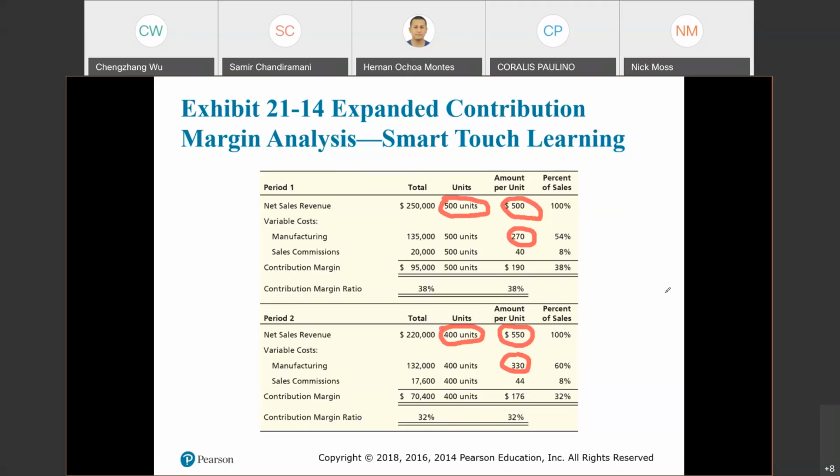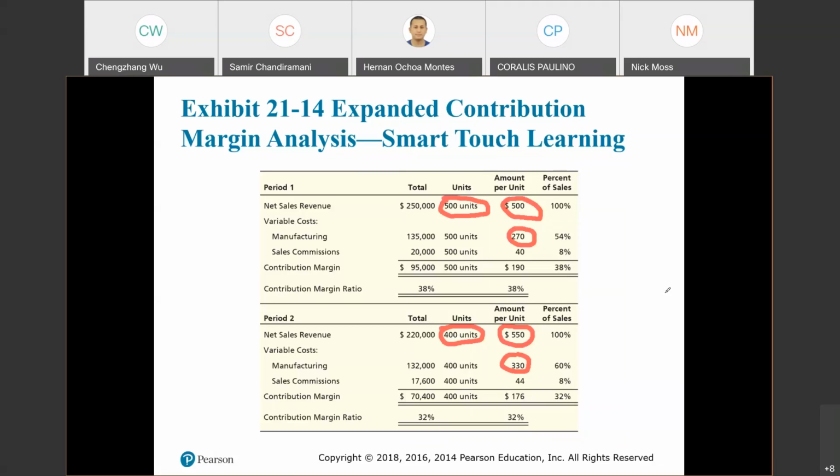The number of units sold decreased from 500 to 400 because of the increase in the selling price. Regarding the sales commissions, it remains at the same ratio, 8%.